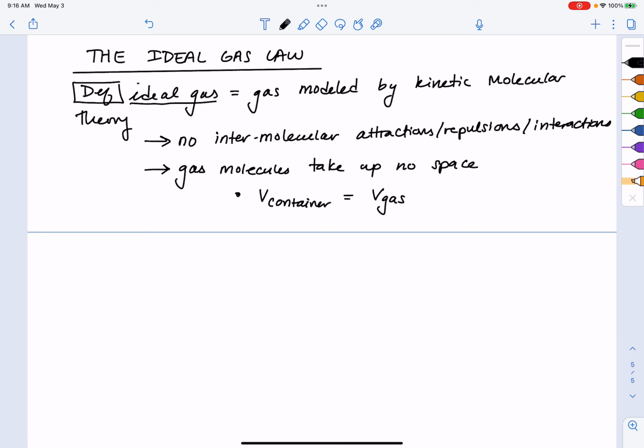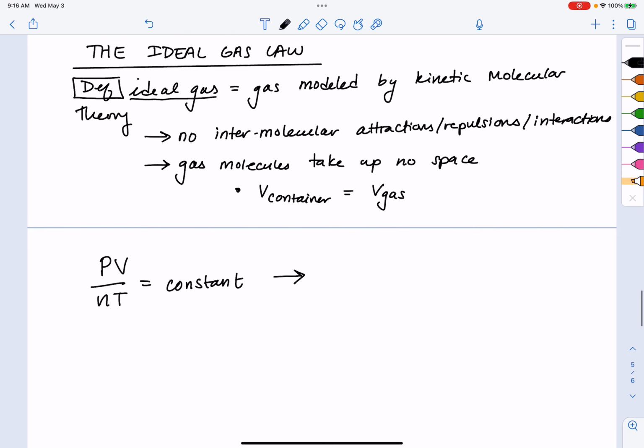And very sneakily, you and I have actually already derived the ideal gas law by looking at our pressure relationships to volume, temperature, and moles. So this equation here, PV over NT is equal to a constant. This is actually the ideal gas law, where specifically that constant is known.